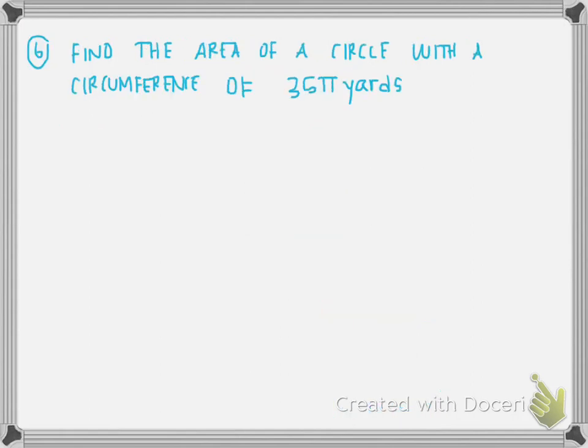All right, let's do another one here. Find the area of a circle with a circumference of 35 pi yards. So I know my circumference is going to be 35 pi. Remember, I have two formulas. To find area, I need to know my radius. So let's just go ahead and use the 2 pi r.